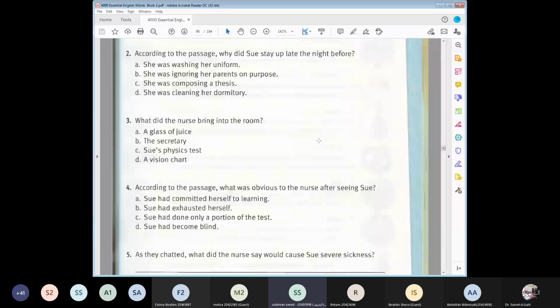She was washing her uniform. According to the passage, why did Sue stay up late the night before? She wasn't studying. So she was. It took her that long to. Can I answer? Go ahead. C. She was composing the thesis. She was composing a thesis.